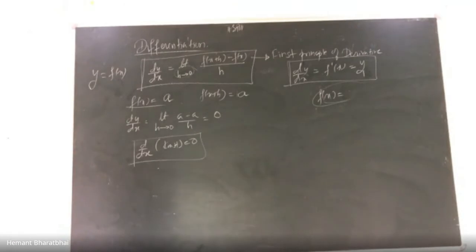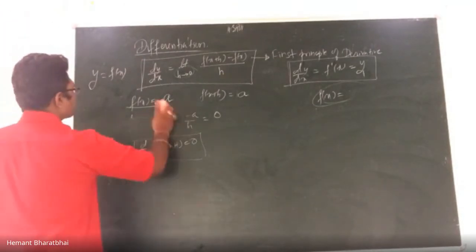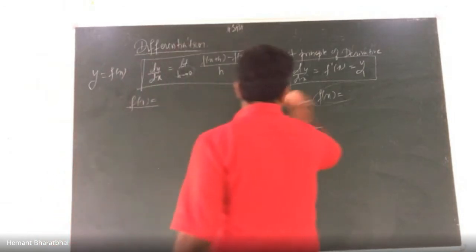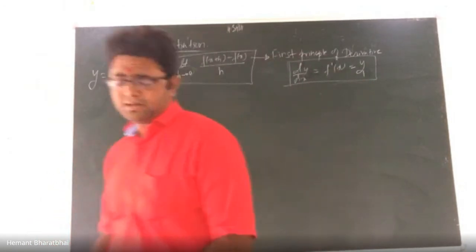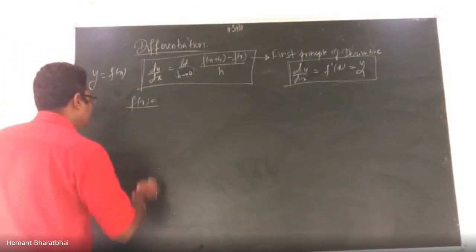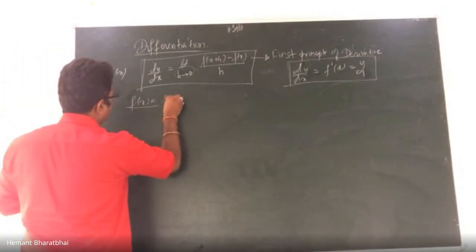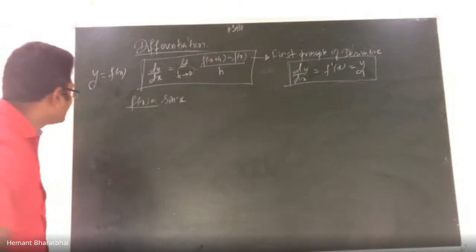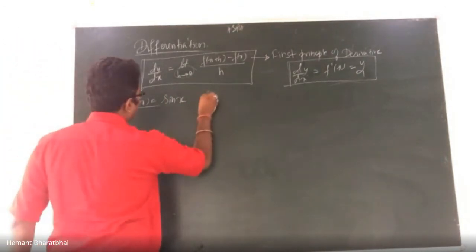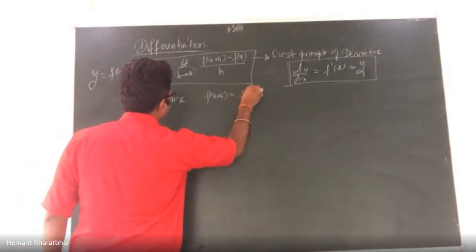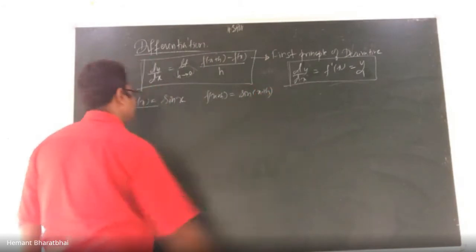Okay, now let's see one more. So now I am deriving one or two formulas. One I have derived, that the derivative of a constant is 0. Next I want to find the derivative of sin x. So my f of x plus h will be nothing but sin of x plus h.